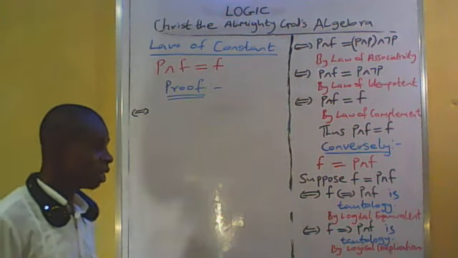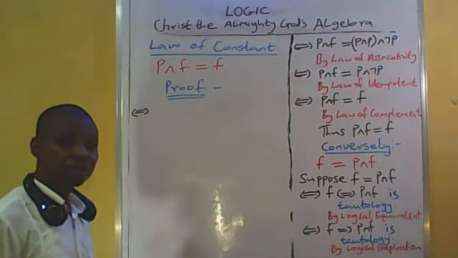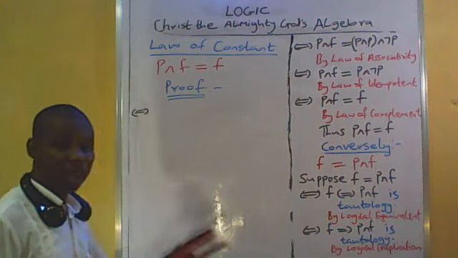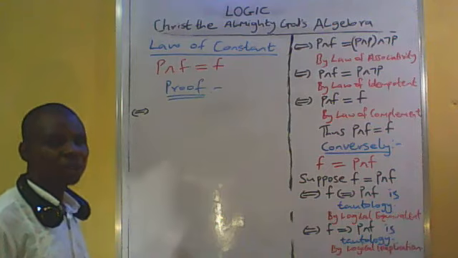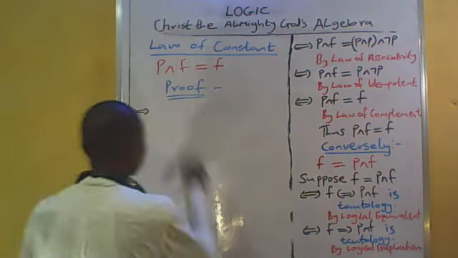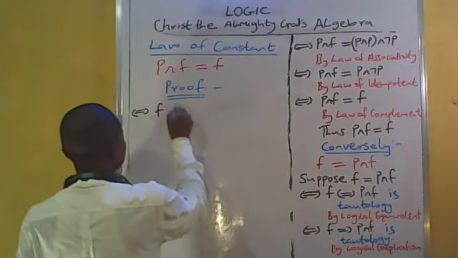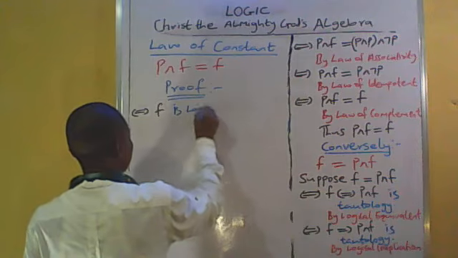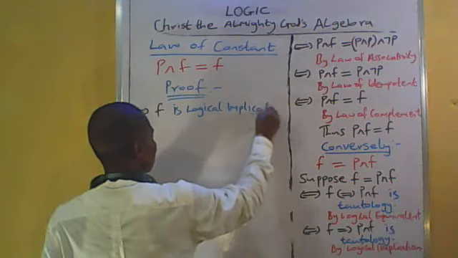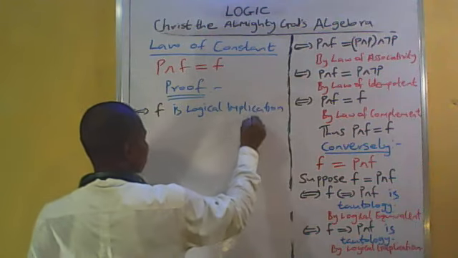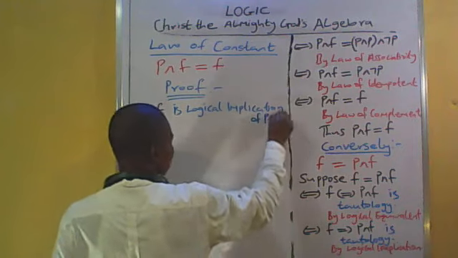That means the antecedent exists because it's a proper implication of the consequent. So if f exists, you say that f is a logical implication of p and f, I mean the consequent. So f is a logical implication of p and f.